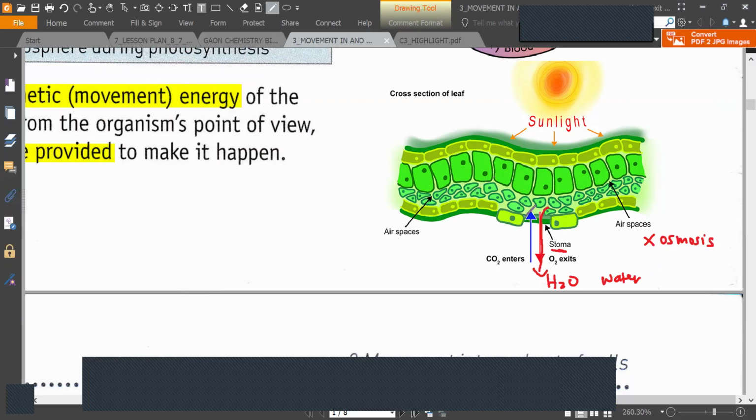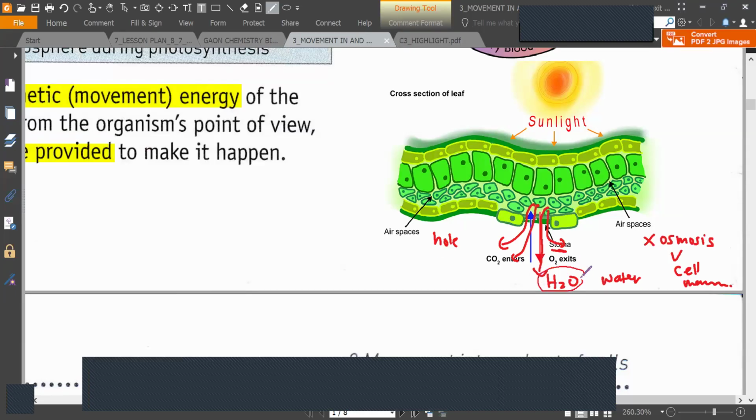Because it's not going through a cell membrane. Osmosis must be going through a cell membrane. The stoma is just an open hole, no cell membrane.